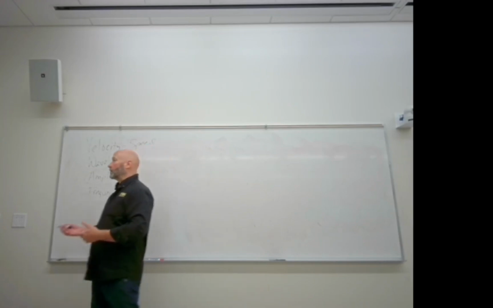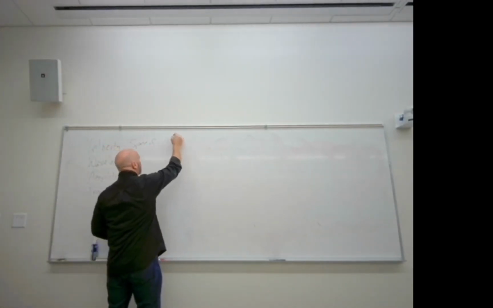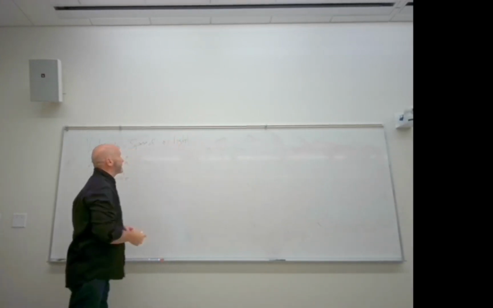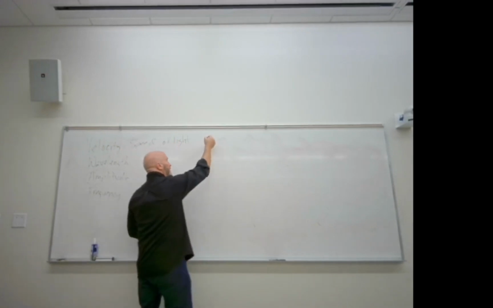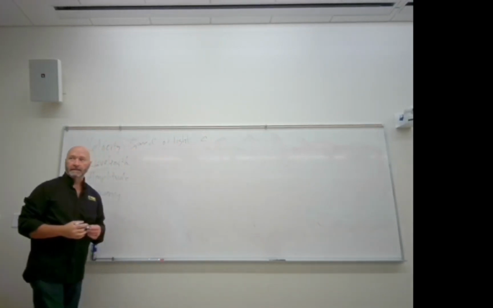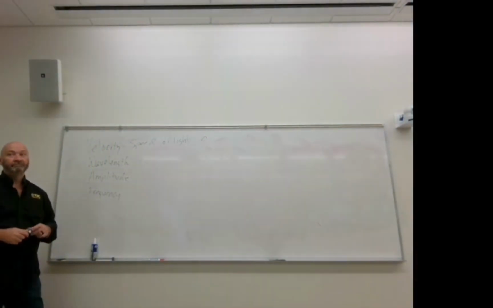How do we represent mathematically the speed of light? Light is constant, right? I always say it's constant. It's really kind of edgy. That's a shocker, isn't it?